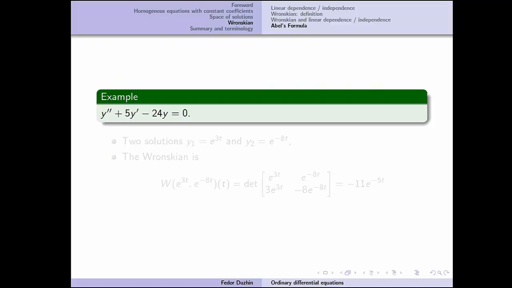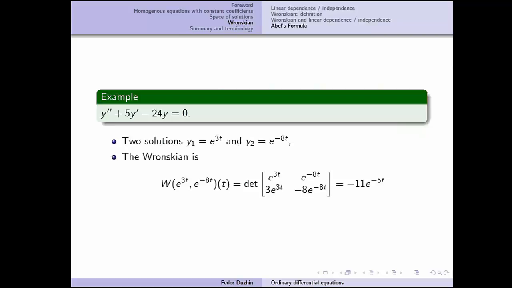And here is a little example. Speaking of one of our initial examples, we found two solutions, and then we can find the Wronskian.